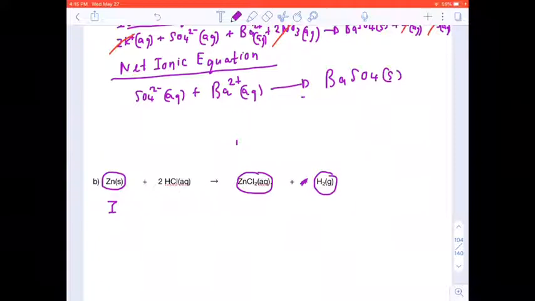That means it has lost electrons, right? And here, in HCl, we know it's ionic, so it breaks up and forms H plus. And here hydrogen is neutral again, right? So with zinc, what happens? It loses 2 electrons, and the hydrogen ion gains electrons to form H2. But let's do the ionic equation for it.